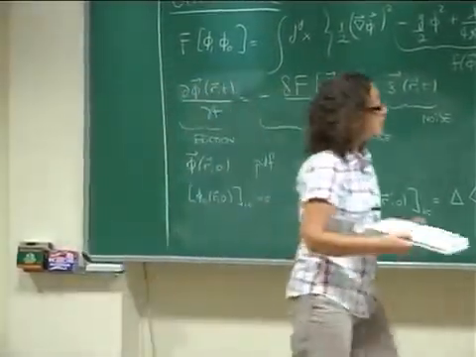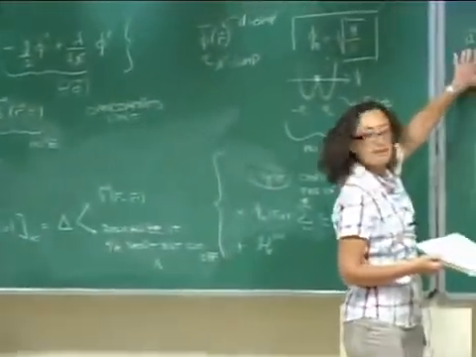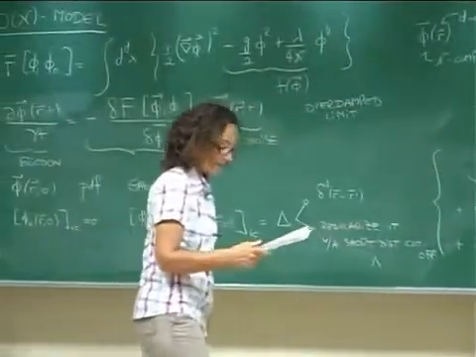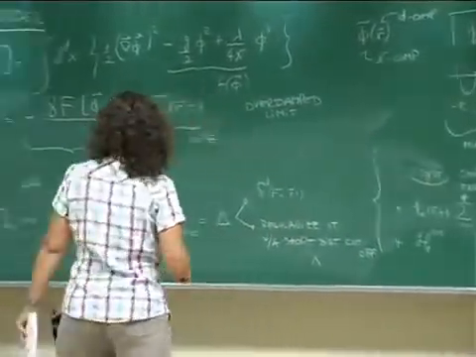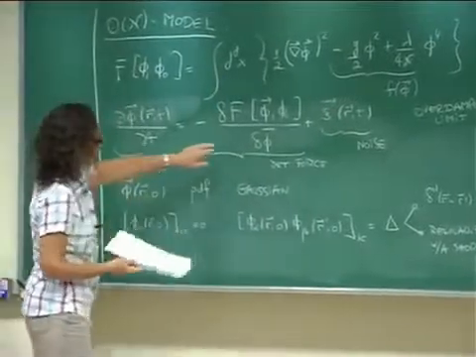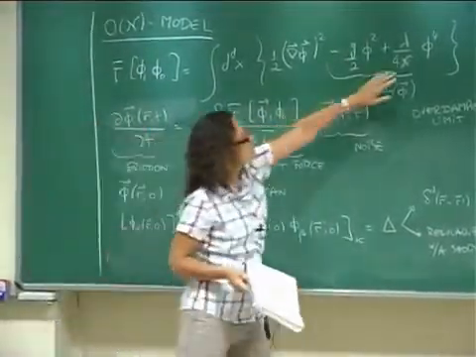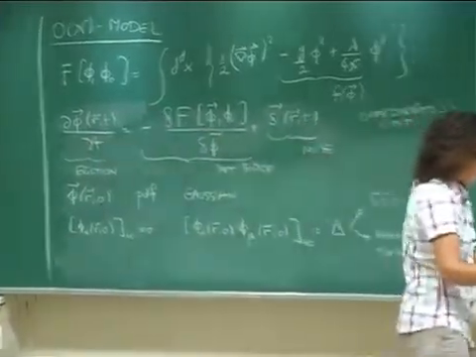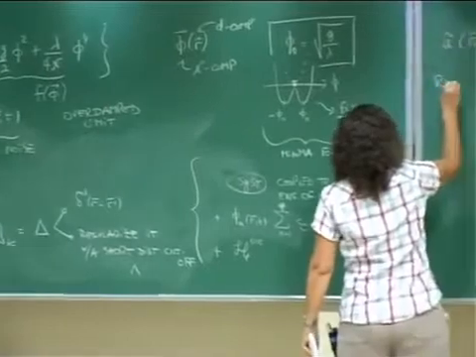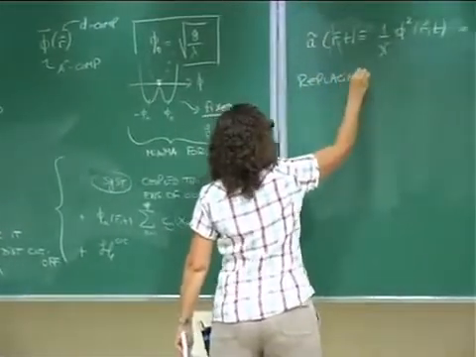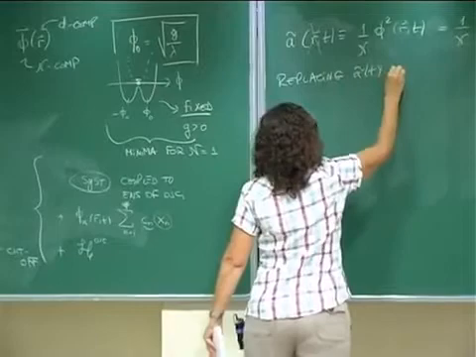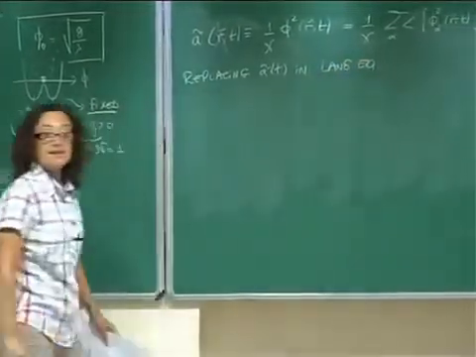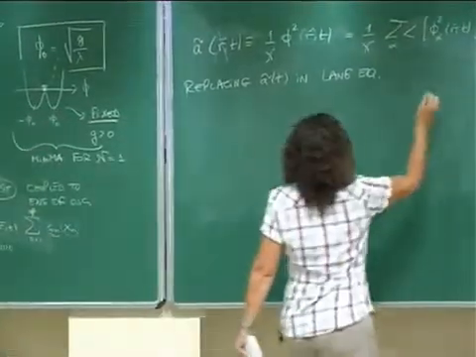Okay, so now the question is, how do I compute this A tilde? And the calculation goes along the same lines of what we have done for the static. Actually, what one has to do is to notice that once I replace this phi 4 term in the way by factorizing, as I did, and replacing A tilde in the Langevin equation, you will find that the components of the field decouple.